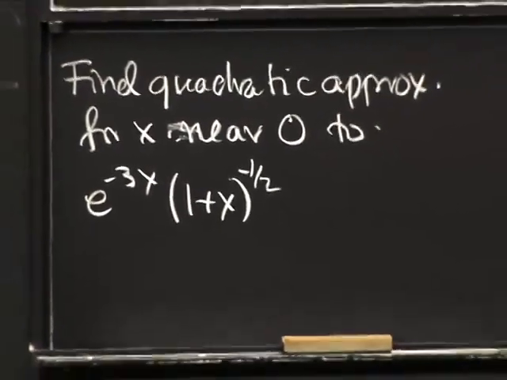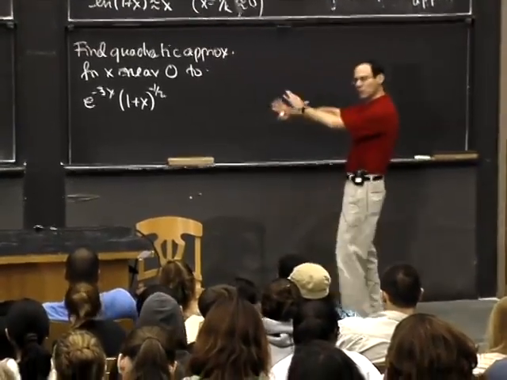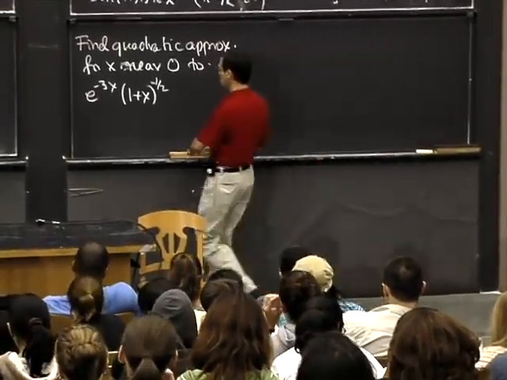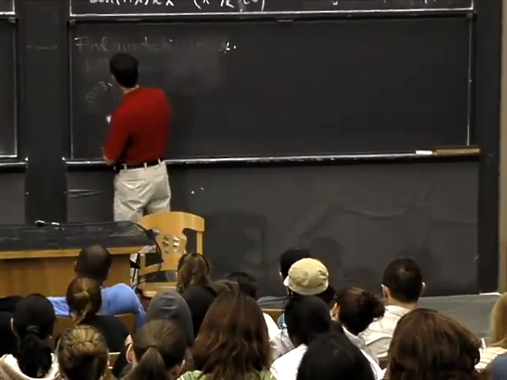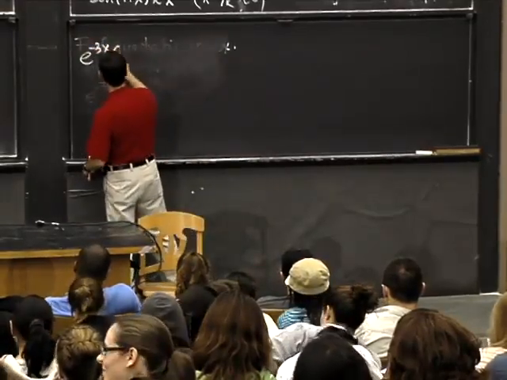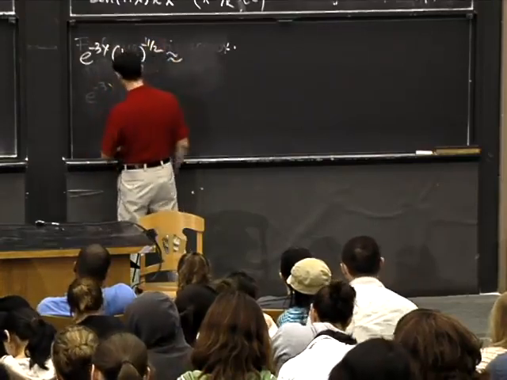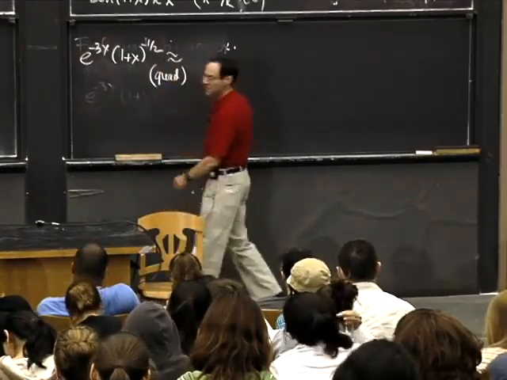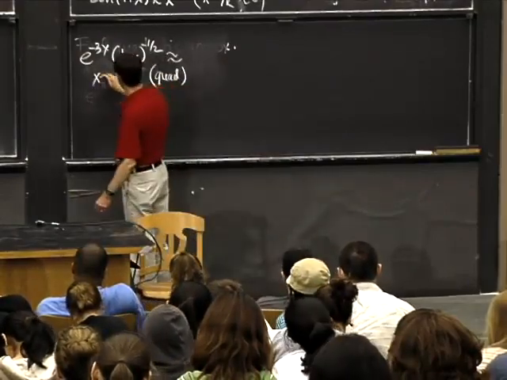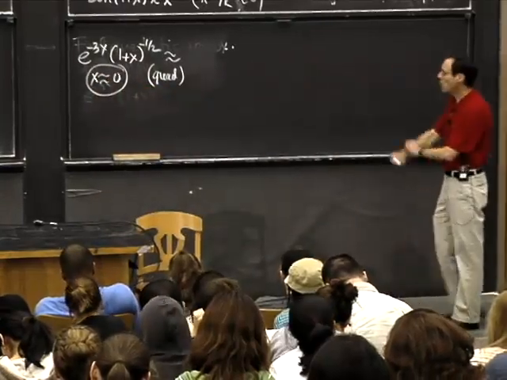Unfortunately, I stuck it in the wrong place to be able to fit this very long formula here, so I'm going to switch it. I'm just going to write it here, and we're going to just do the approximation. So we're going to say quadratic in parentheses, and we'll say x near 0. So that's what I want.